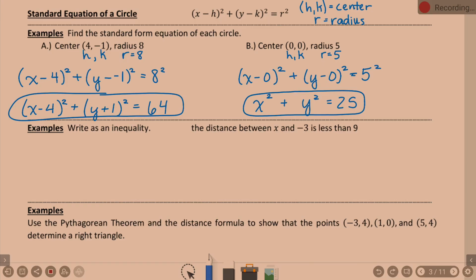You're asked to write an inequality, so like an equation but with an inequality sign.